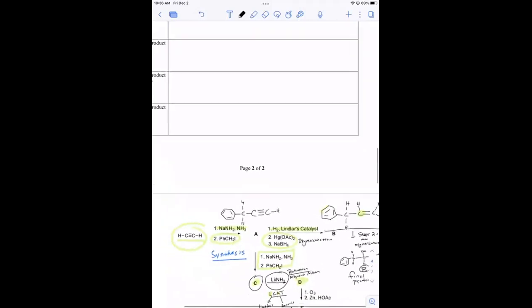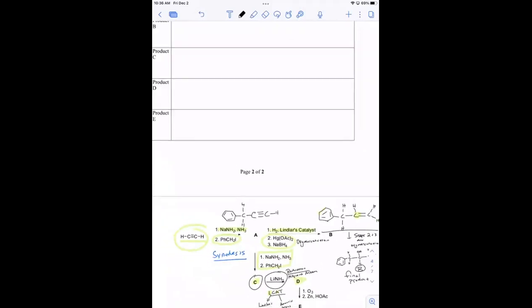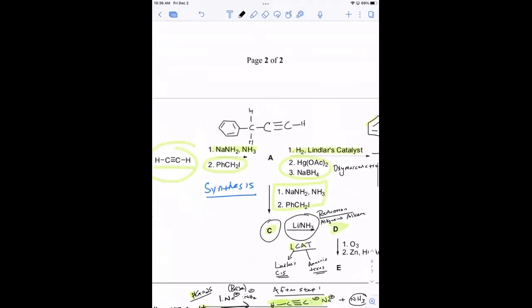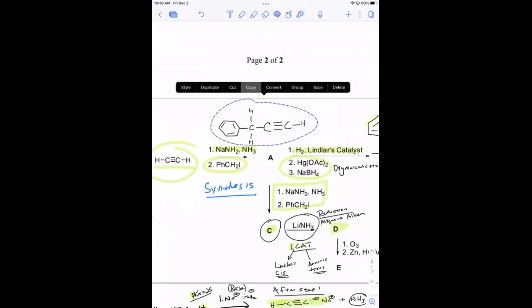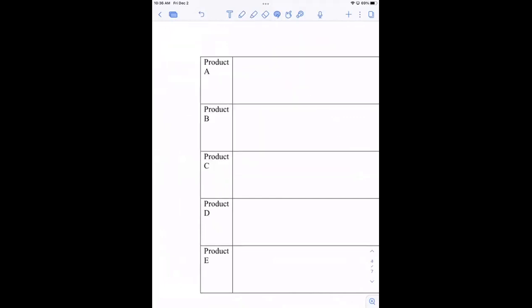So we can go back and paste this in up here. Where's A? This is A. I'll paste them into the box up top. This was A. And then B, we just did.